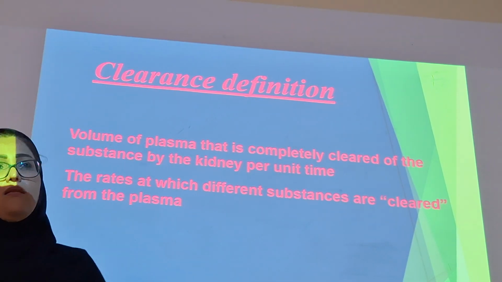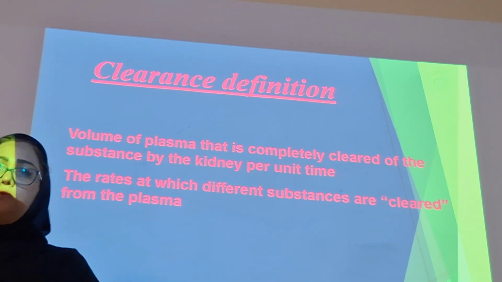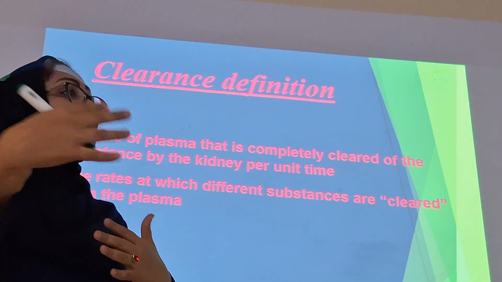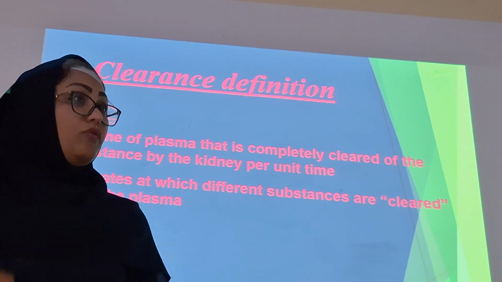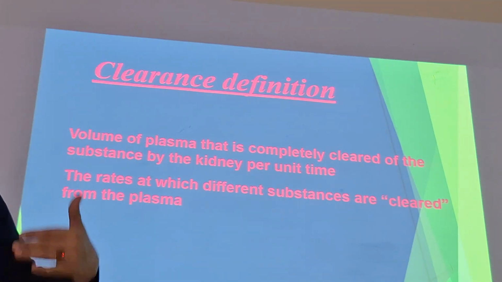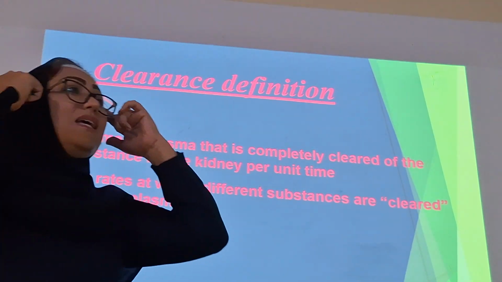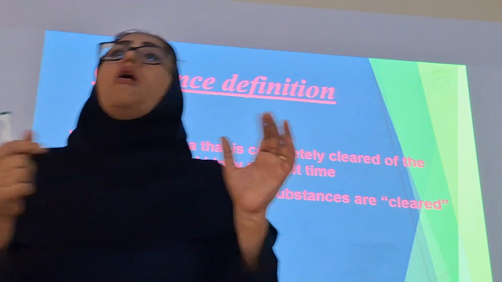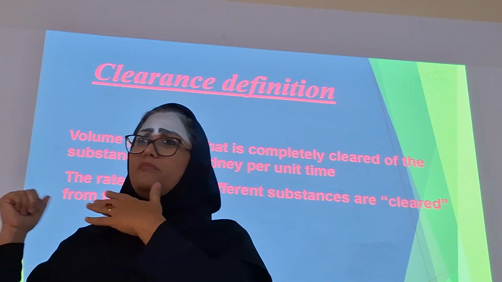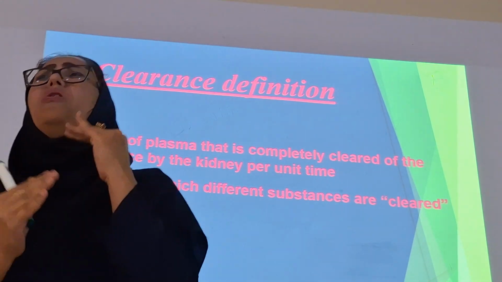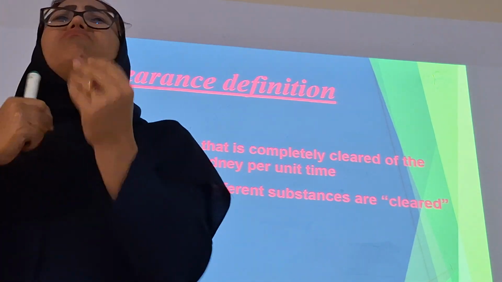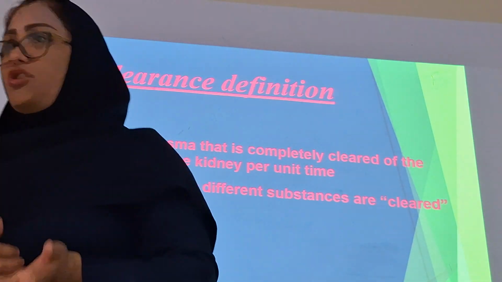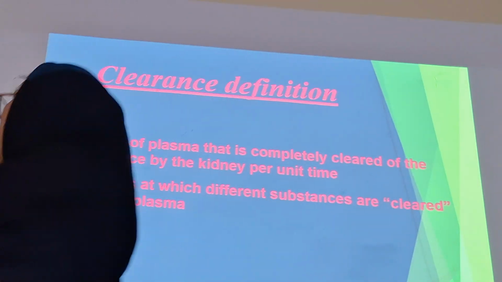Is it possible? No. Why? Because based on simple diffusion, sodium begins to move and the concentration is the same. It means it's an imaginary state. Just by this definition, we are going to quantify kidney function. Got it?